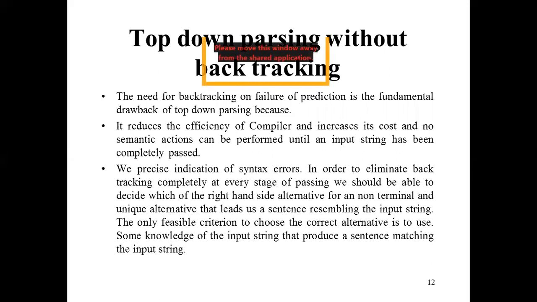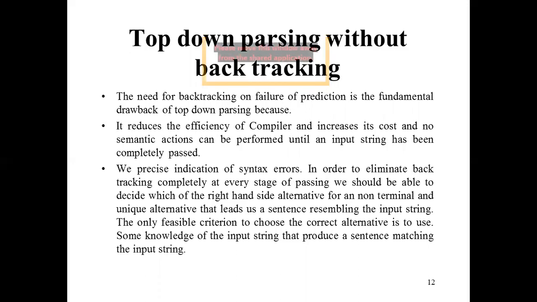Bottom-up parsing is also called shift reduce parsing. In shift reduce parsing, we use the backtracking mechanism. If we are unable to get the particular output, we can choose another option and return back from that position.